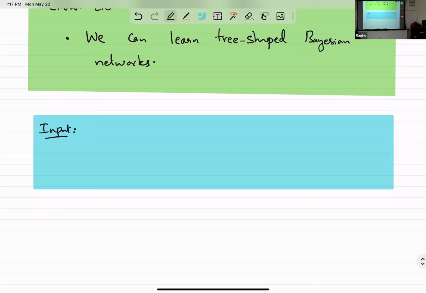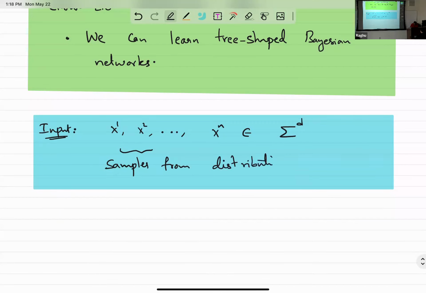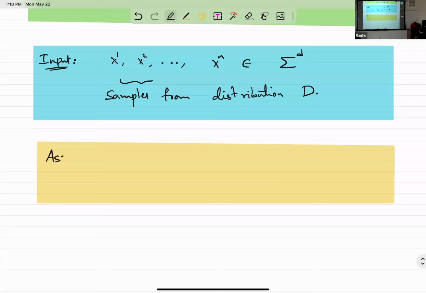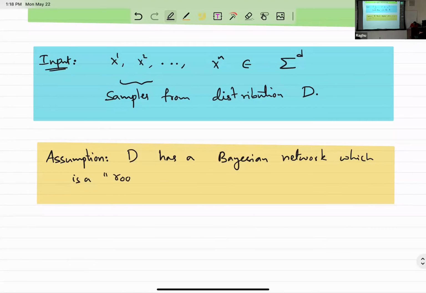The input for us is samples x1, x2, up to xn from some d-dimensional space, samples from a distribution D. The assumption, which is the main deal here, is that D has a Bayesian network which is a rooted tree.